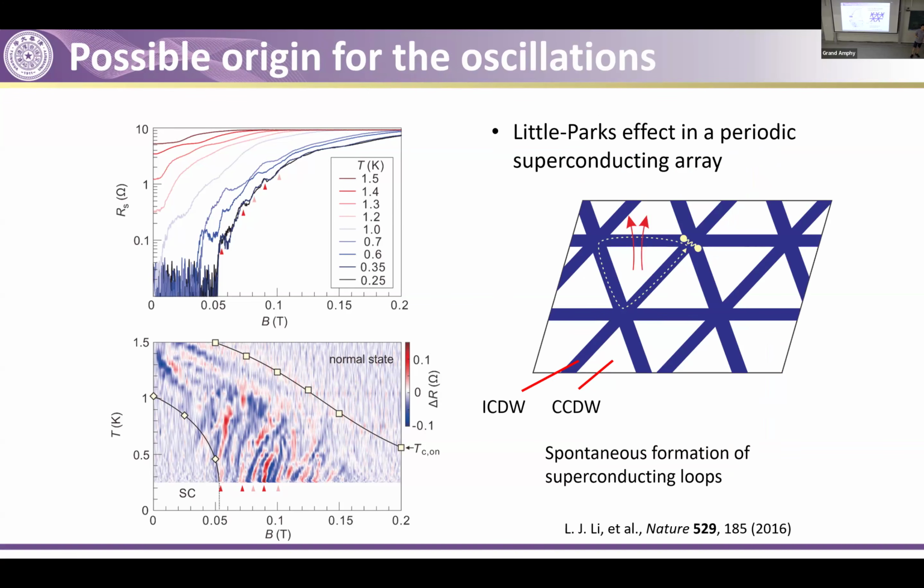And the interpretation, or the speculation, so far we don't have spatial evidence. This is purely speculation that the system has a charge density wave. Remember that we have the charge density wave extending to the density regime where we have the superconductivity. So we have two different types of charge density wave in the system. One is the commensurate charge density wave, and one is the incommensurate. And superconductivity can happen only in the incommensurate one. So the CCDW, the commensurate charge density wave, forms big domains.